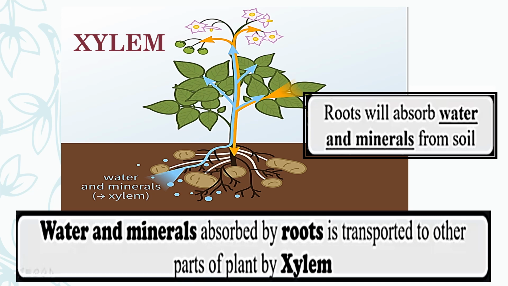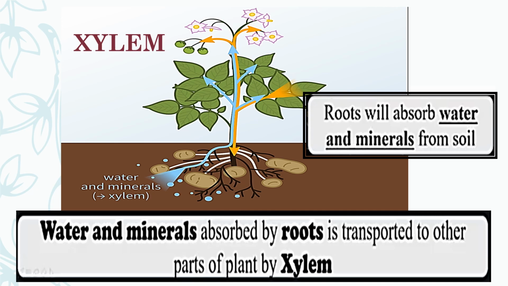All of us know that roots absorb water and minerals from the soil, right? Then this water and mineral are transported to different parts of a plant through stem. How? With the help of special tubes which are present in the stem.